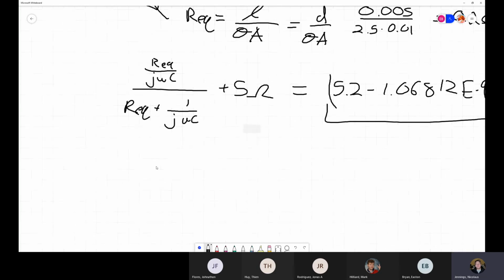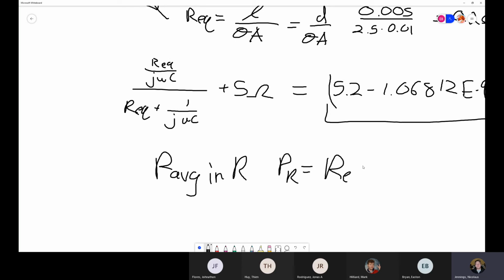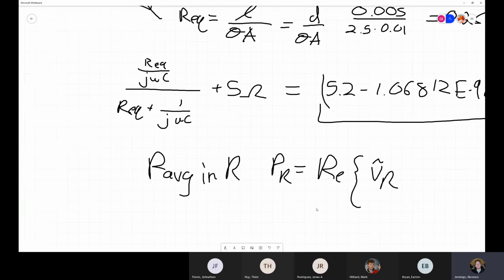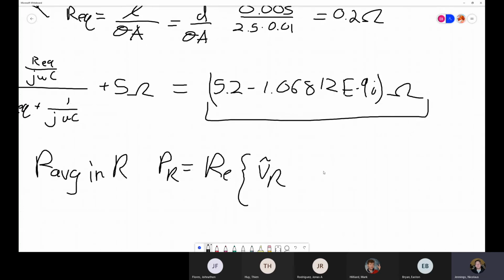We just say average power in R is just, I'll just write this down, PR equals the real part of VR. So this is E to the J omega T, so this is actually a phasor, times I loop conjugate.